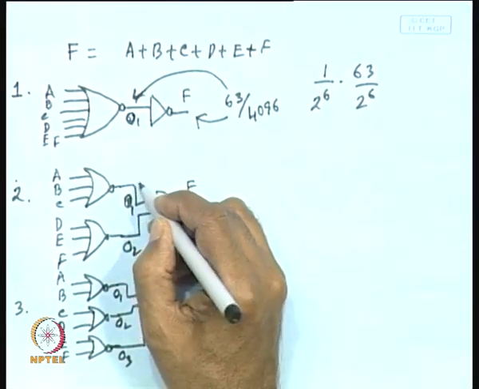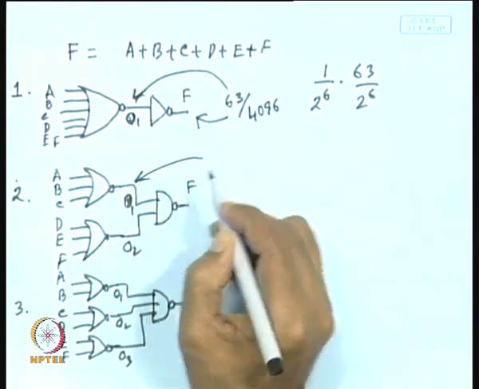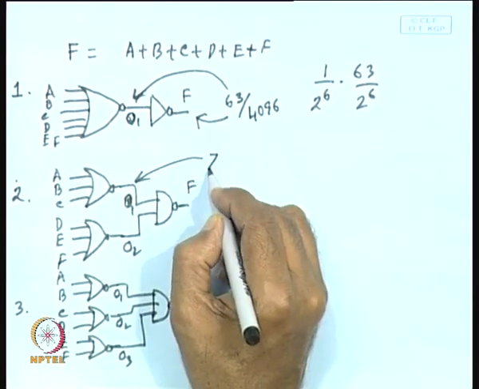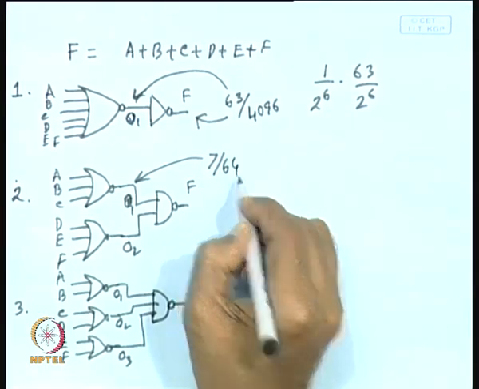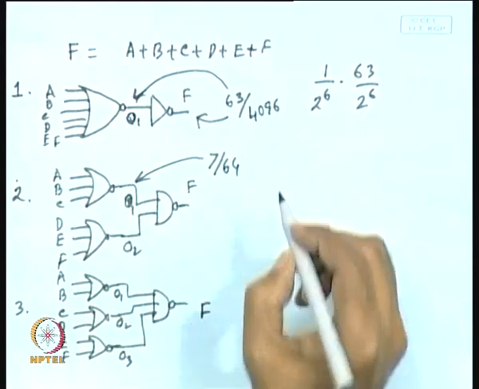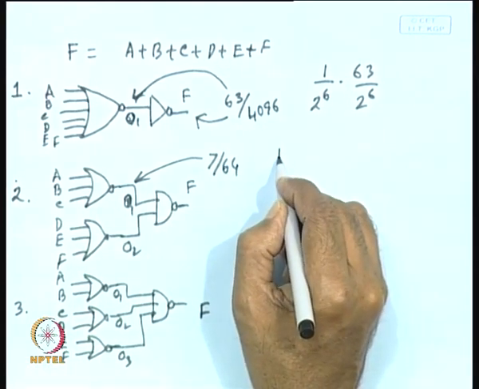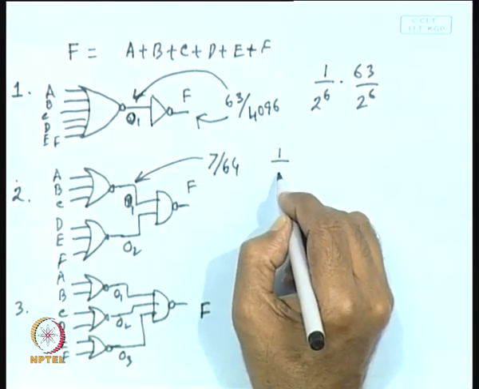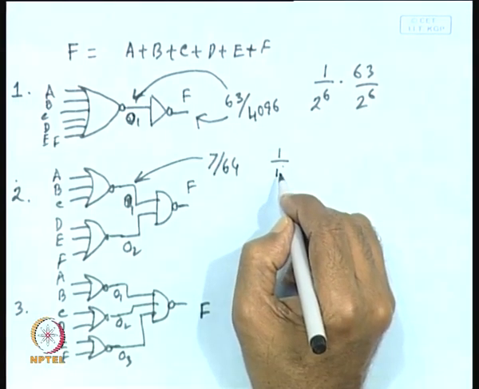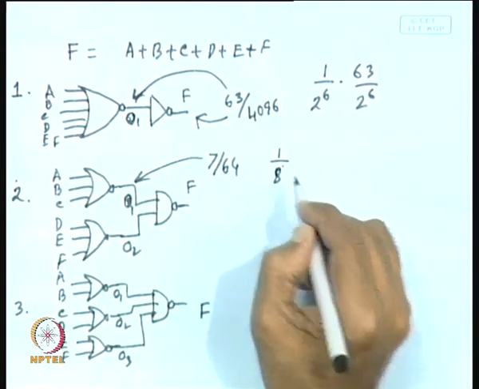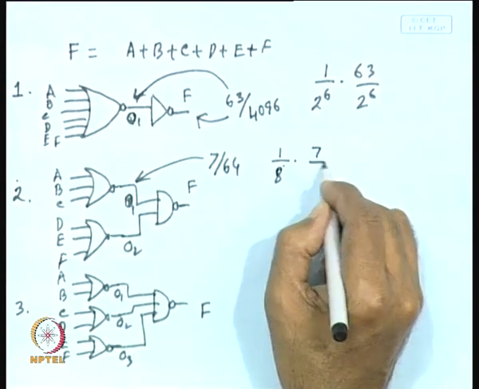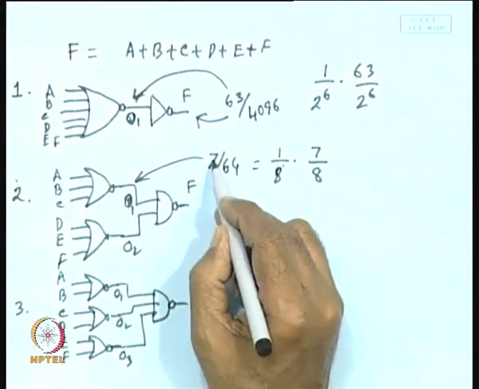Now, what will be the switching activity at this point? At this point, the switching activity will be equal to 7 by 64, that we are getting because it is a 3 input NOR gate. So, the switching activity is equal to 1 by 2 to the power 3, 2 to the power 3 is 8, into 7 by 8, that makes it 7 by 64.